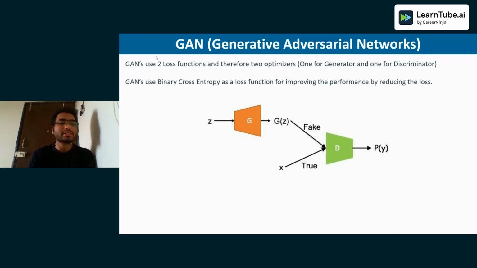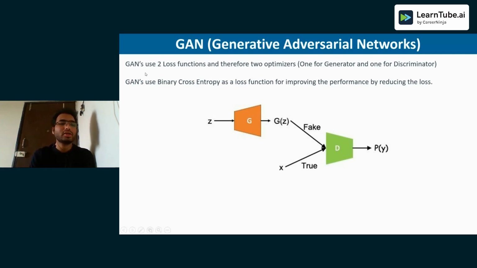It says that GANs use two loss functions and therefore two optimizers. Optimizers are used to shrink the value of the error. They do some transformation in the data while training, so that our errors are reducing. Errors are nothing but the difference between real data and fake data, in a very short example.